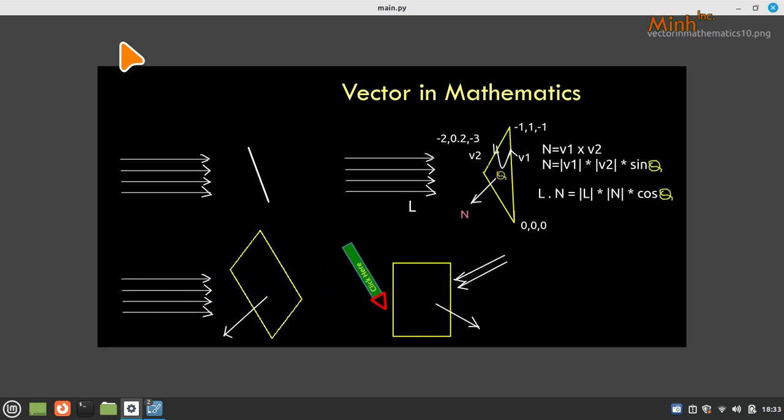So L cos theta, if it is a unit vector. If it is not a unit vector, then we will multiply by its strength also. So that is L dot n. So first it depends upon n, that is V1 cross V2. Only one we have taken.